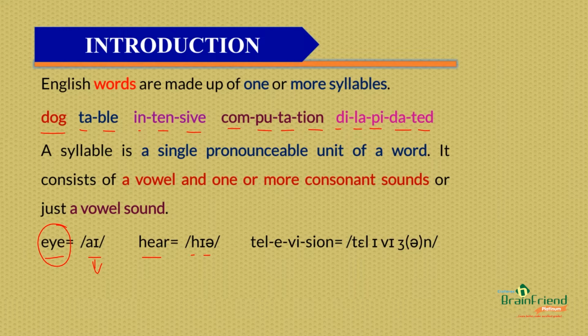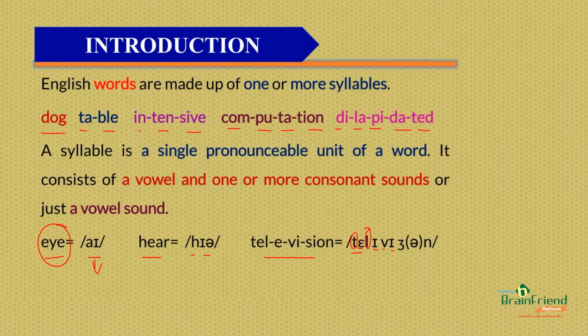The next word we have here is television. The word television is made up of 4 syllables. The first syllable, tel, is made up of a consonant sound, a vowel sound, and a consonant sound. The next syllable is made up of just a vowel sound. The next syllable is made up of a consonant sound and a vowel sound.